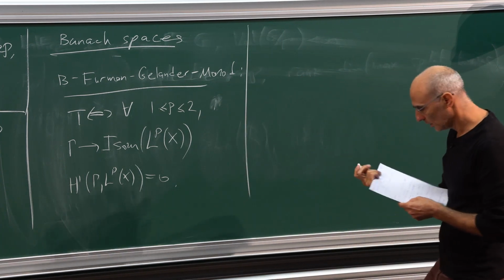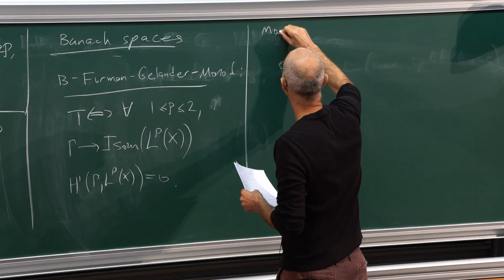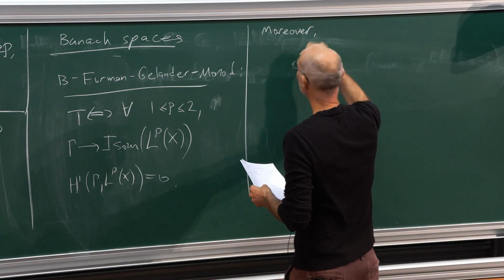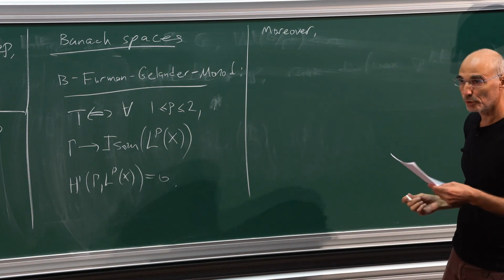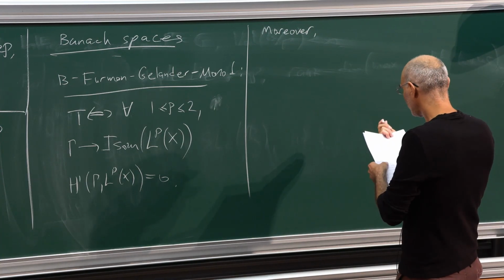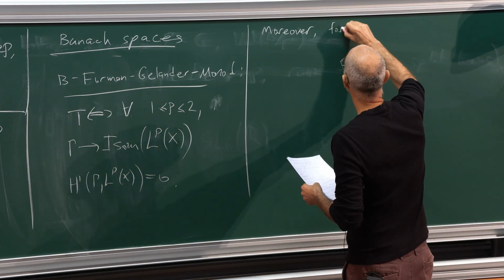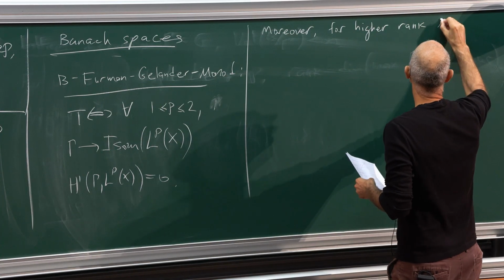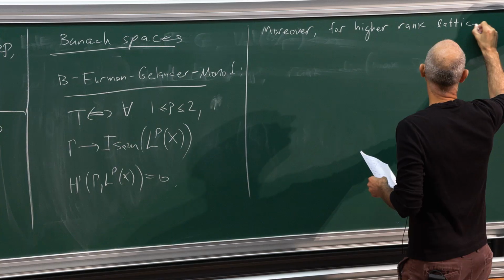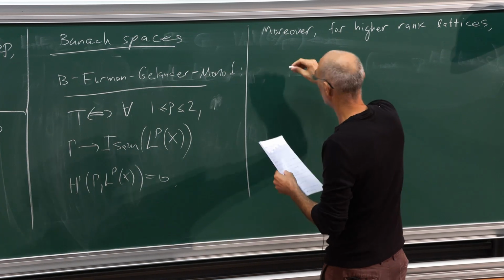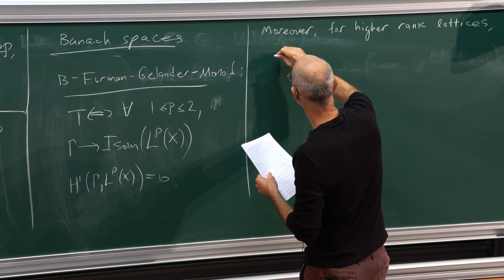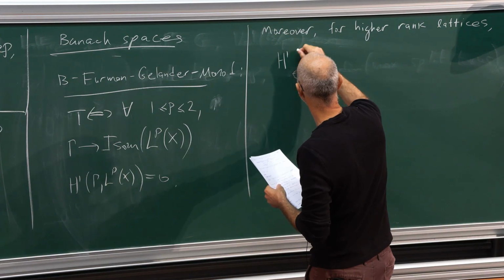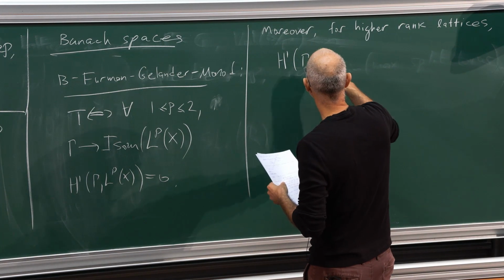And also we proved, moreover, so this is for a general group with property T. For higher rank lattices, we have a stronger property. Sorry, you said this theorem was a statement about any group again. This is any group.